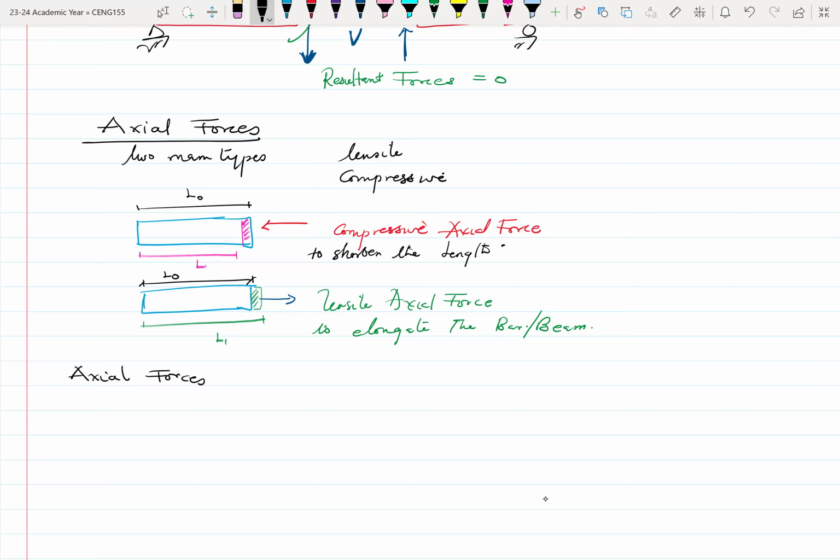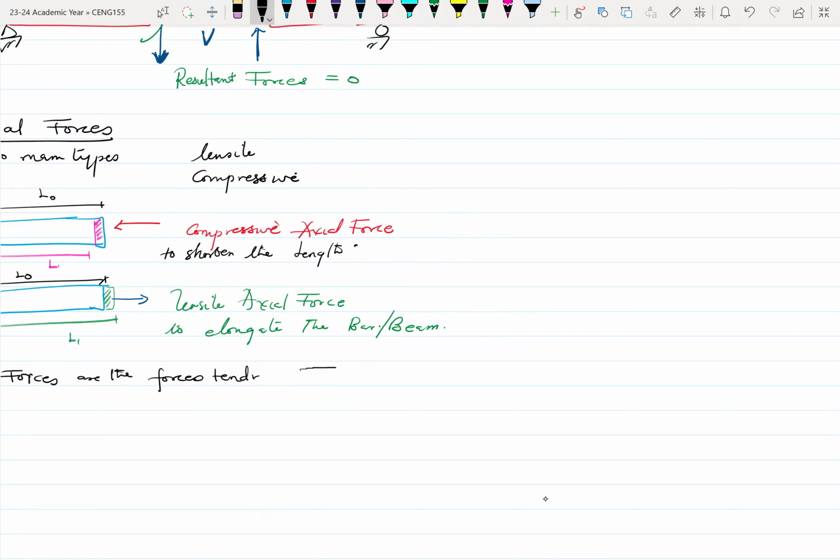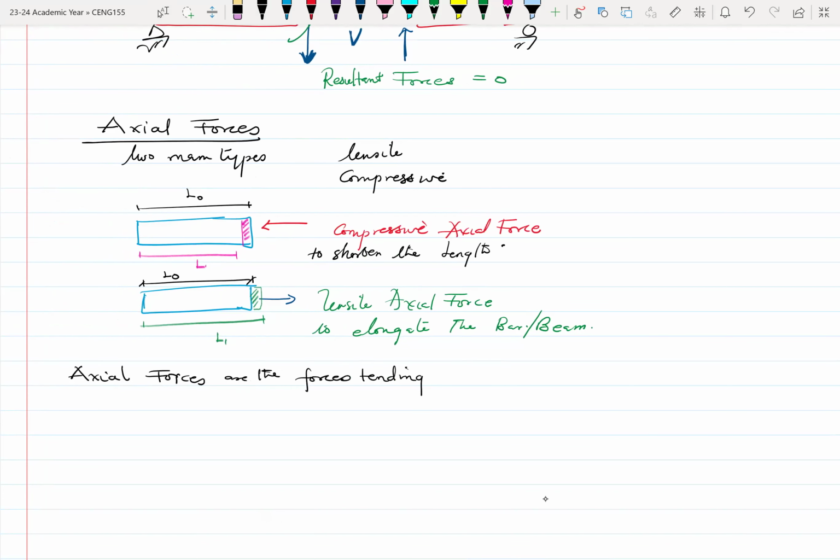So axial forces are the forces tending to produce elongation or contraction at a given point in the beam.